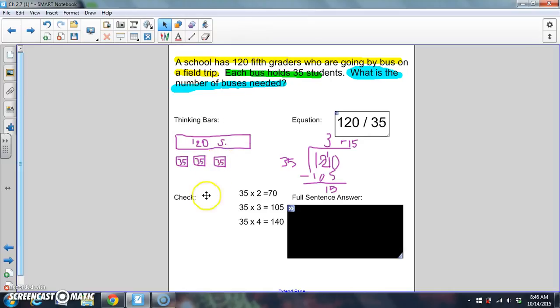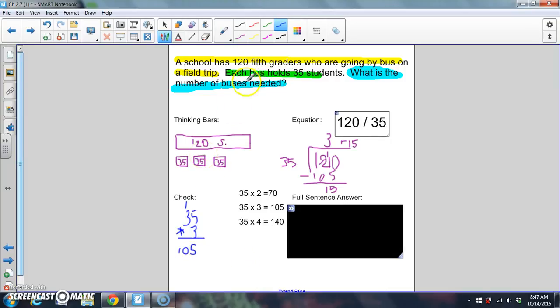So 35 students fit in a bus. 35 times 3, checking my work, 105 students.